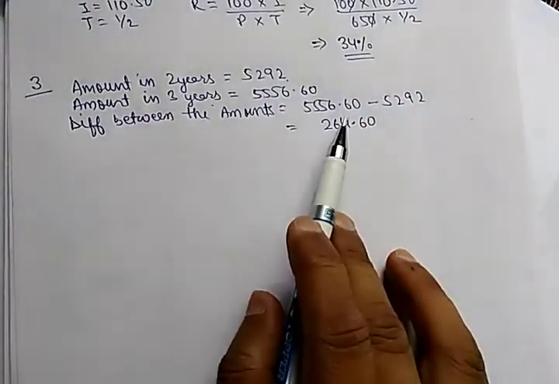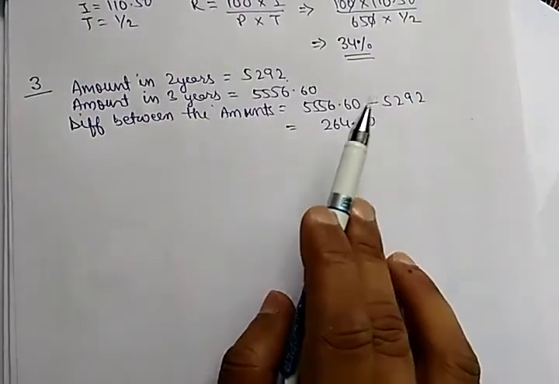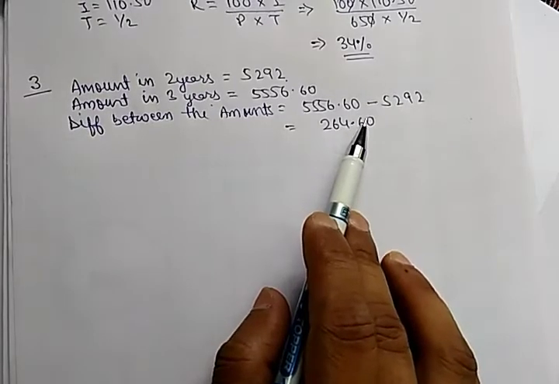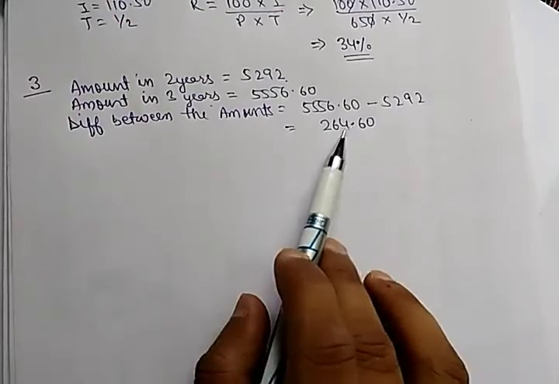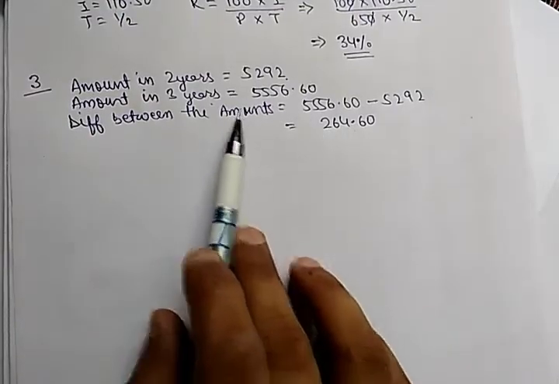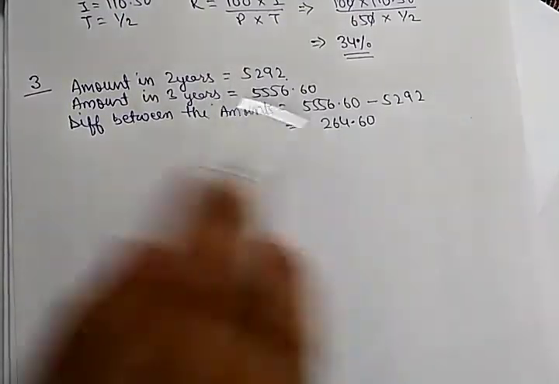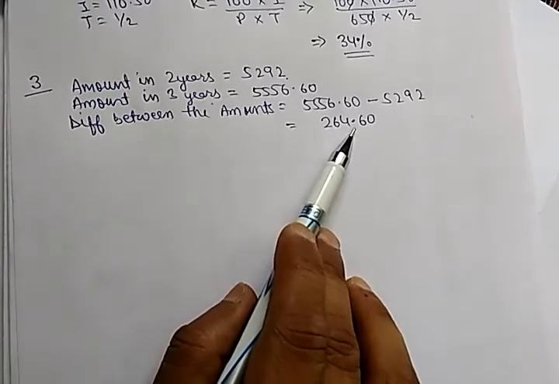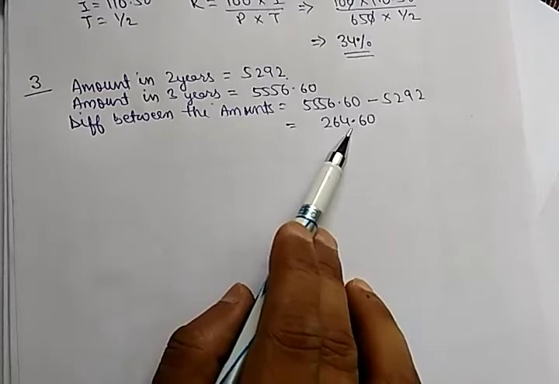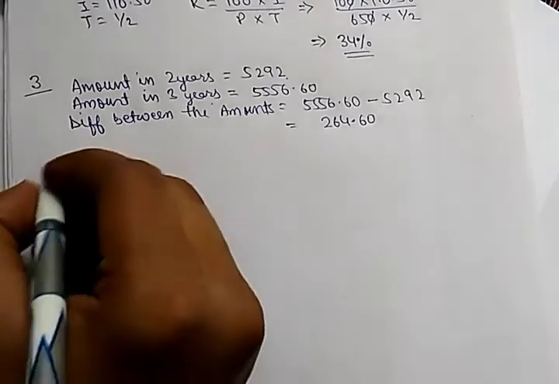So this is the difference between the amounts of the two successive years. For 1 year, if the difference between the two successive years is this much, it means for the previous year this will be the principal, and this will become the interest.